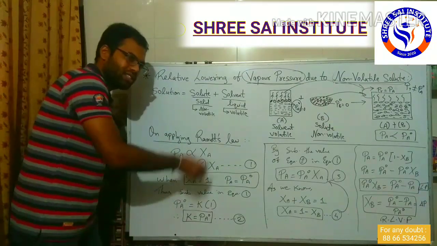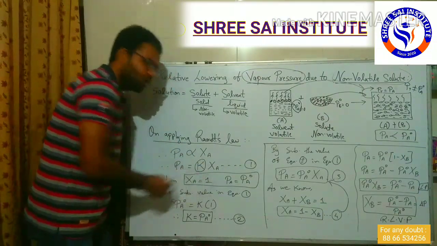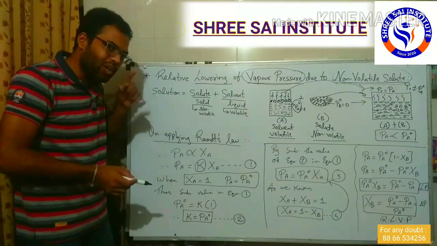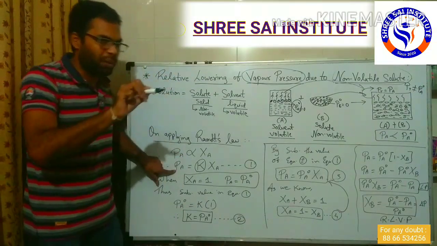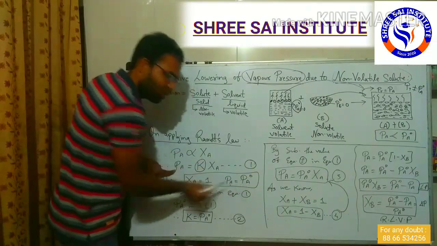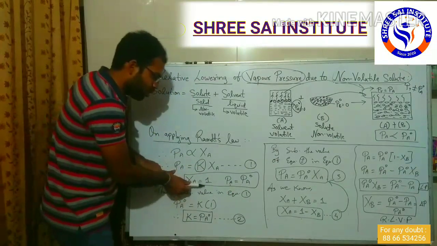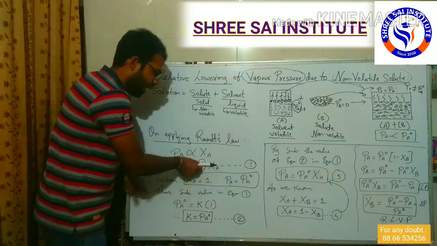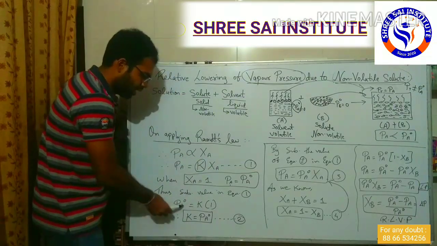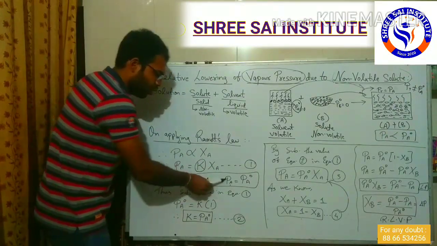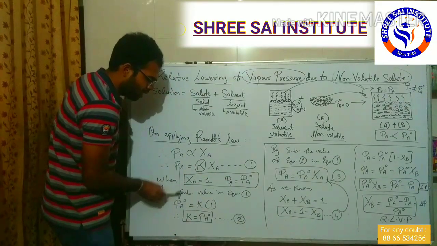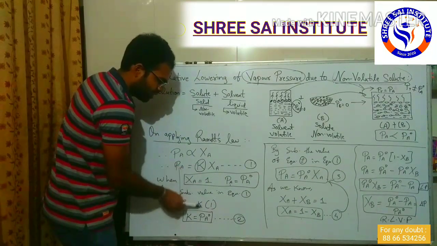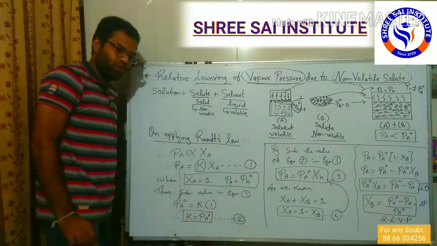Again, just recall, when Xa equals 1, the total vapor pressure is equal to the vapor pressure of the pure solvent, that means Pa is equal to Pa naught. On substituting this value in the above equation, Pa becomes Pa naught, and K, and Xa equals 1.